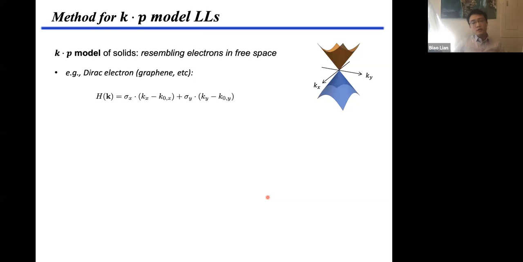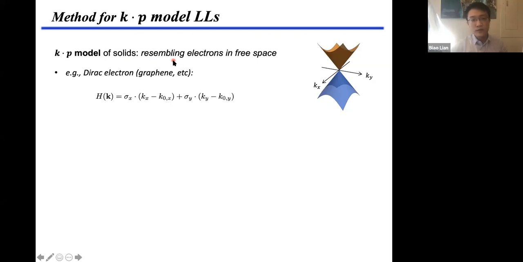Yet there's another widely used method for calculating the spectrum in magnetic field, basically the Landau levels of the k·p model. Basically, if we have a k·p model of a solid, expanded, for example, at a position K naught, such kinds of models are obtained by expanding the band structure near a certain momentum K naught in powers of K minus K naught.